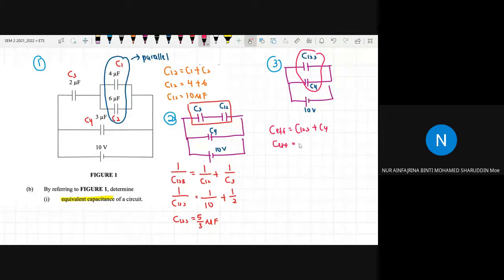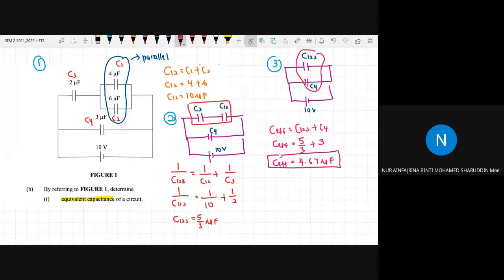The effective capacitance for C123 we already know is 5 over 3 microfarad and C4 is 3. So you press the calculator, you will get the answer of 4.67 microfarad.